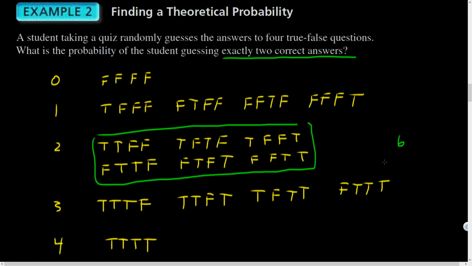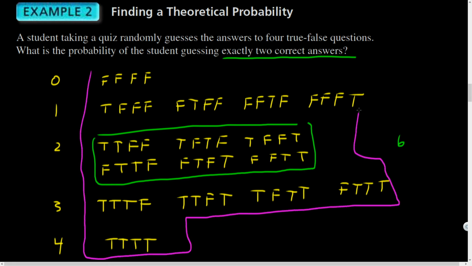So 6 was the number of successful, favorable ways this could occur, but I need to know the total possible outcomes. So how many possible outcomes was this? 1 plus 4 is 5, plus 6 is 11, plus another 5 is 16 ways that whole event could occur. And so the probability will be the number of successes over the total number of outcomes.